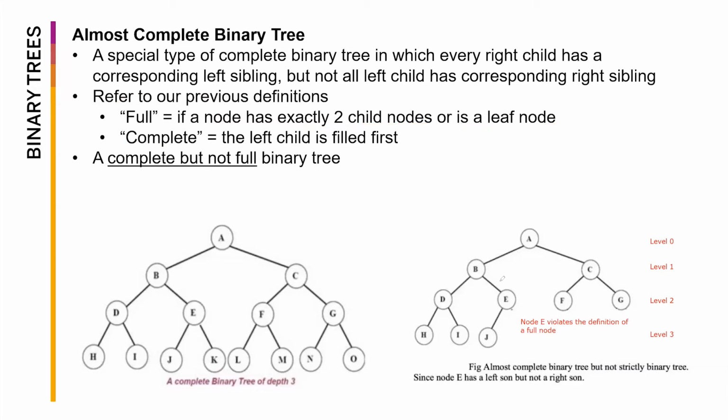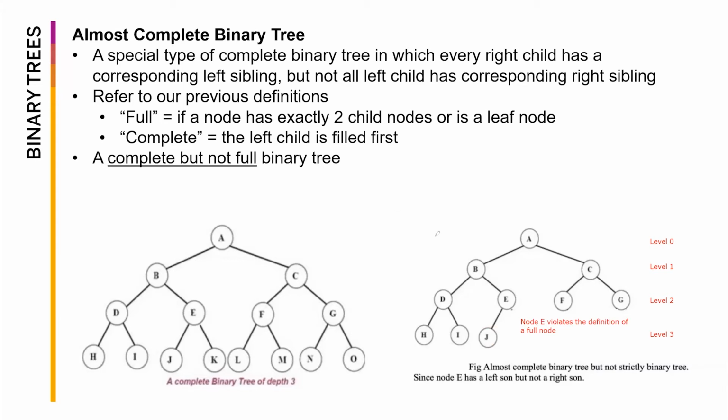So node E is not a leaf node, and it has 1 child node. So it violates the definition of a full node. So an almost complete binary tree is a complete but not full binary tree.